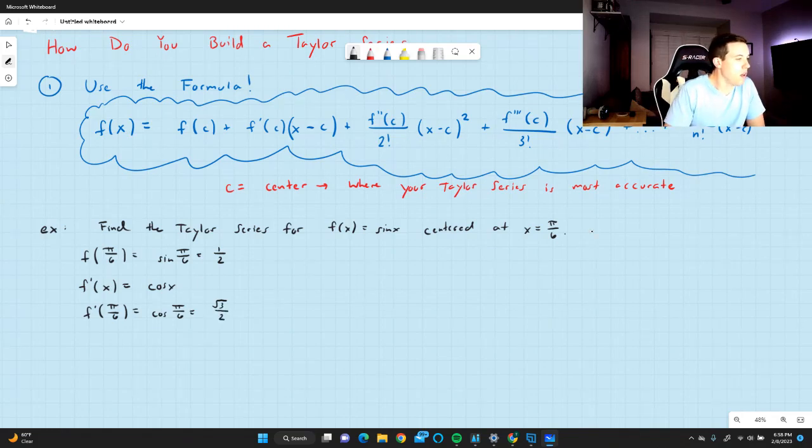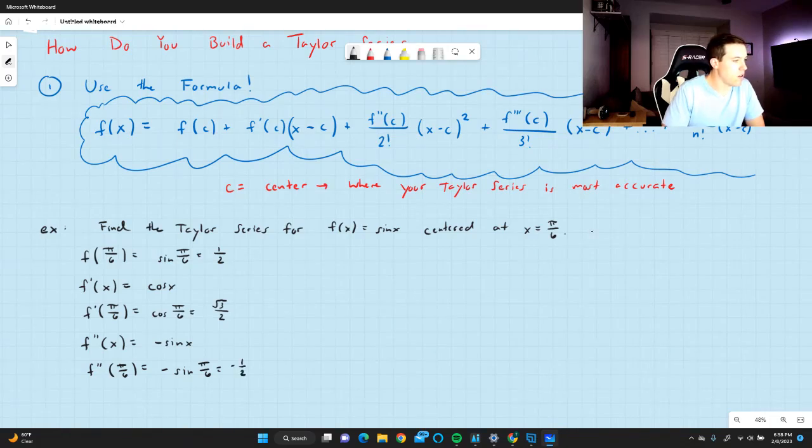Hooray. Let's find the second derivative. The second derivative of sine x, which is the derivative of cosine x, is negative sine x. Plug in pi over 6, and we get negative sine of pi over 6, which is negative 1/2.